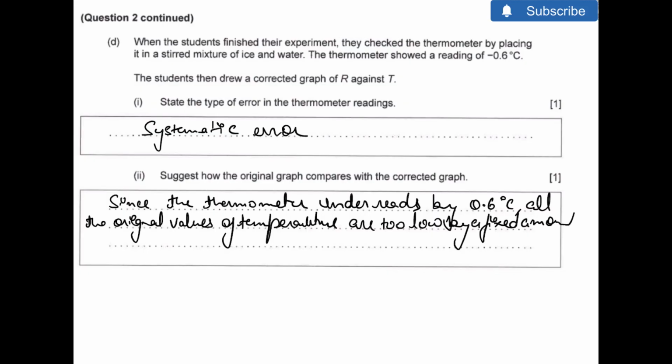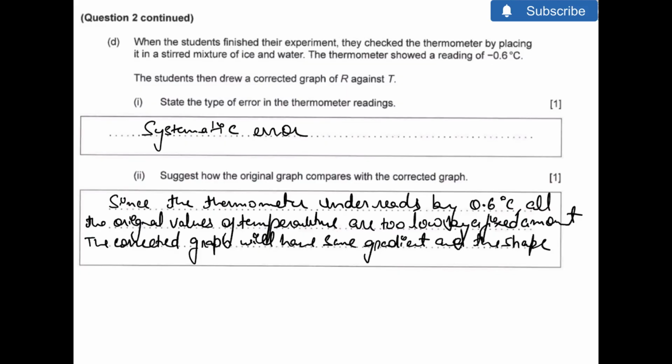Okay. And therefore the corrected graph will have the same gradient and shape, but it would be shifted by 0.6 degrees Celsius to the right.